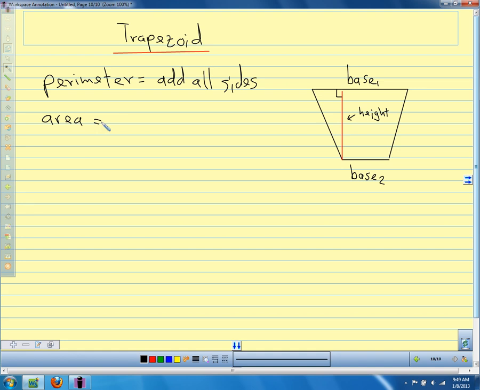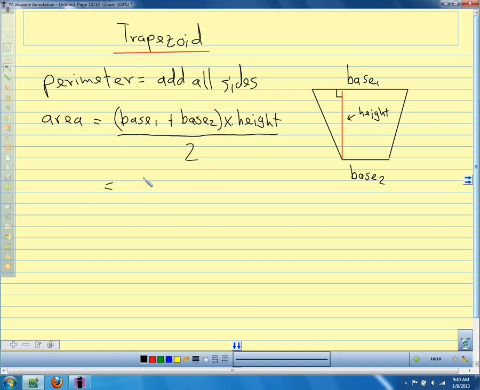Anybody remember the area formula for a trapezoid? Almost, base 1 plus base 2. And I'm going to put that in parentheses. Times the height. And I'll write it all out. Times height, all divided by 2.